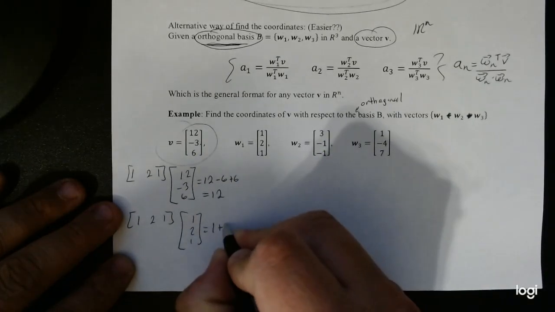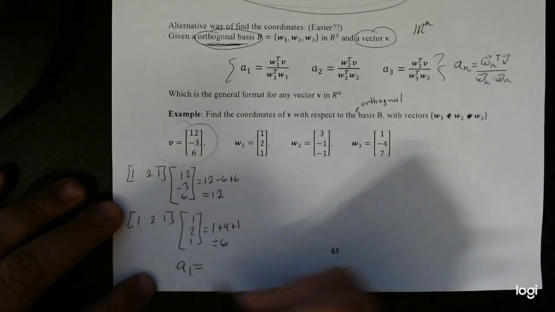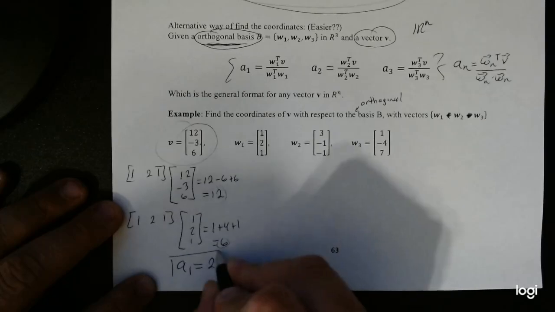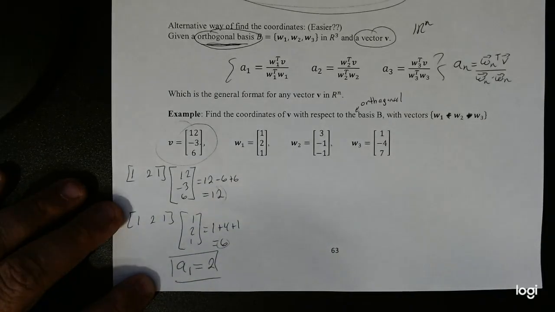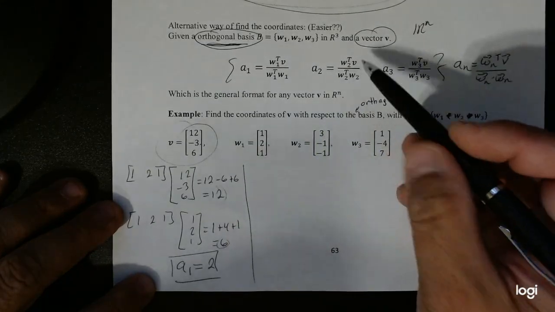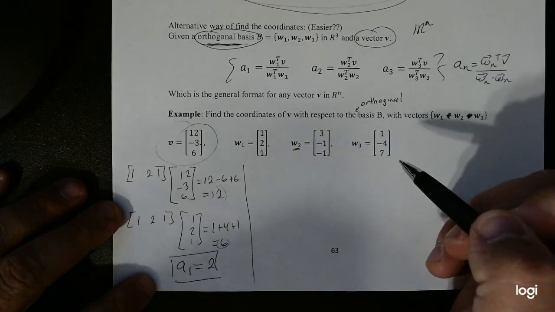So 1, 4, 1 gives you 6. So A1 would be the division of 12 divided by 6, which just gives you 2. And you do that for the rest of them going down. So for the next one, it's literally the same equation, just use the second vector instead, right?